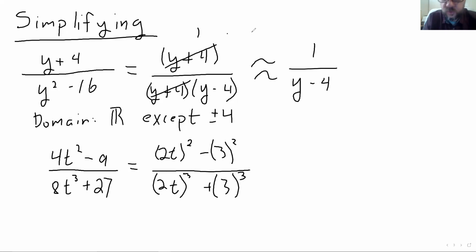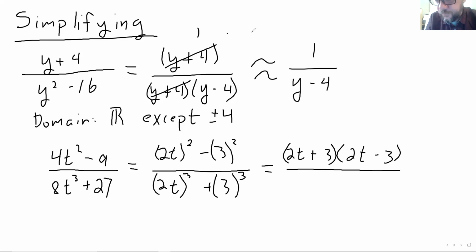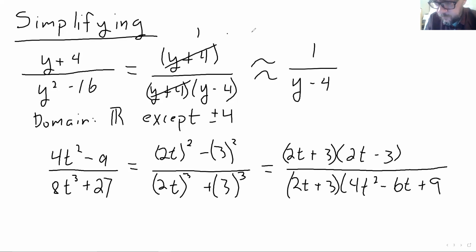I remember them, of course, so I'm just going to use them. So this is going to be 2t plus 3 times 2t minus 3, and then the denominator is going to be 2t plus 3 times 4t squared minus 6t plus 9.